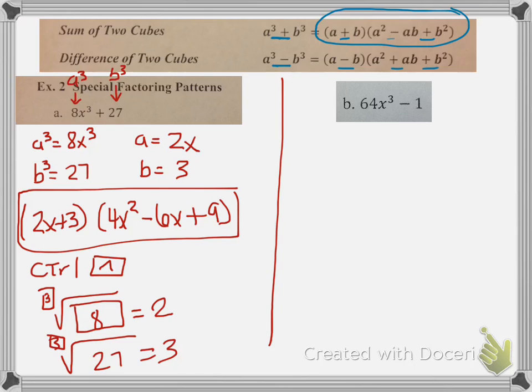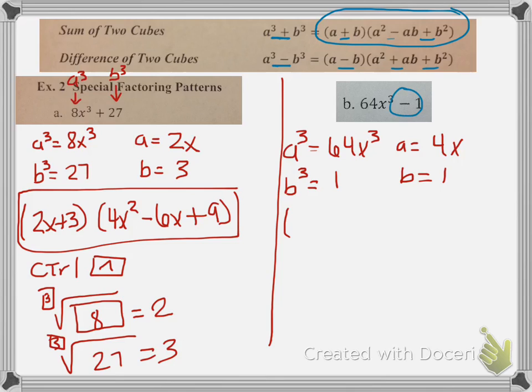So let's look at the next one. A cubed is 64x to the third power. B cubed is 1. Now if we take the cube root of 64 using the calculator, we should get 4x. The cube root of 1 is 1.